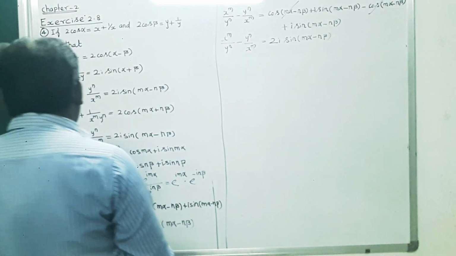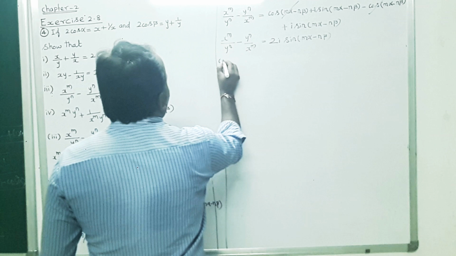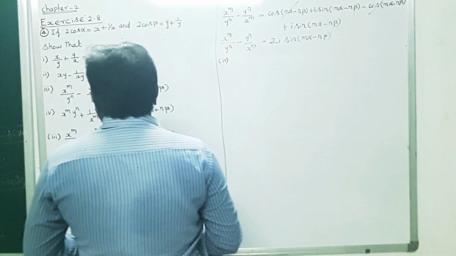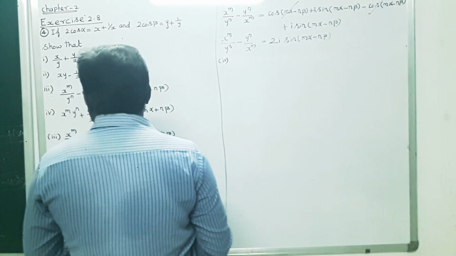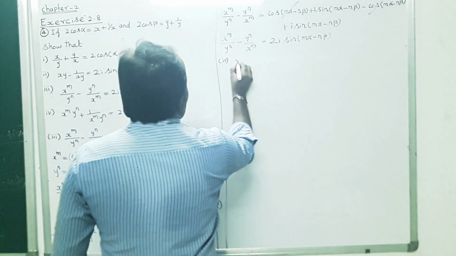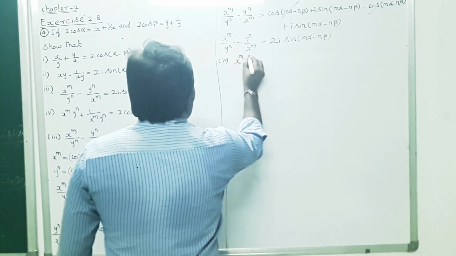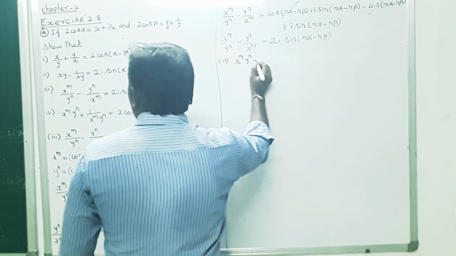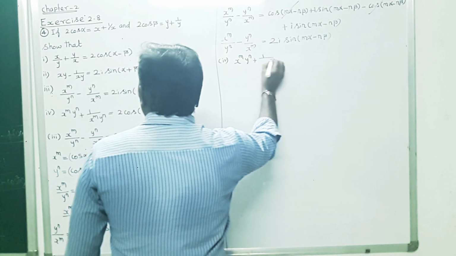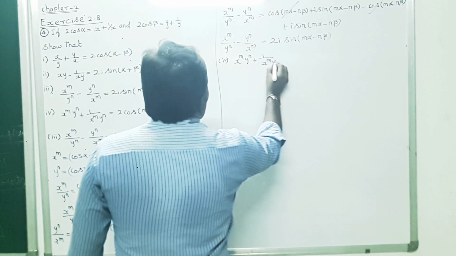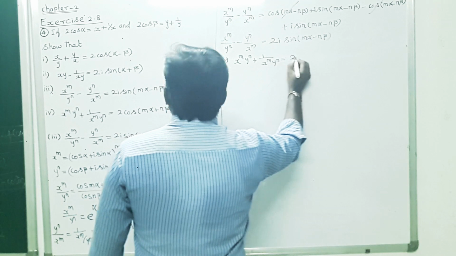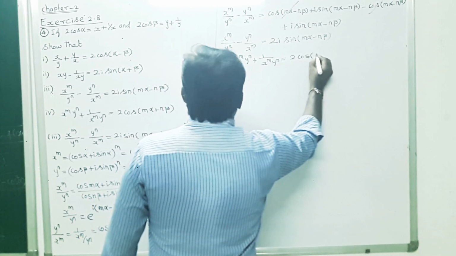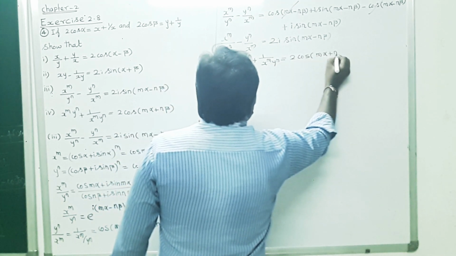Next one, fourth subdivision. Fourth one: x power m y power n plus 1 divided by x power m y power n is equal to 2 into cos of m alpha plus n beta.